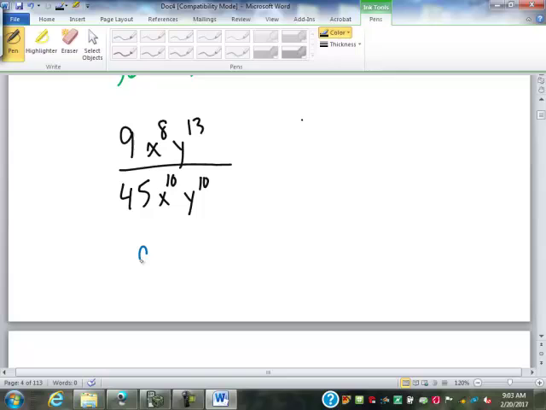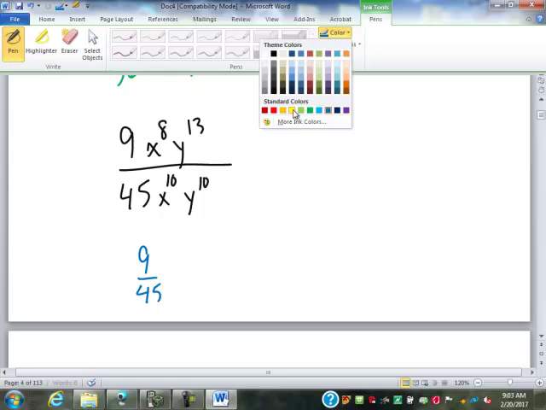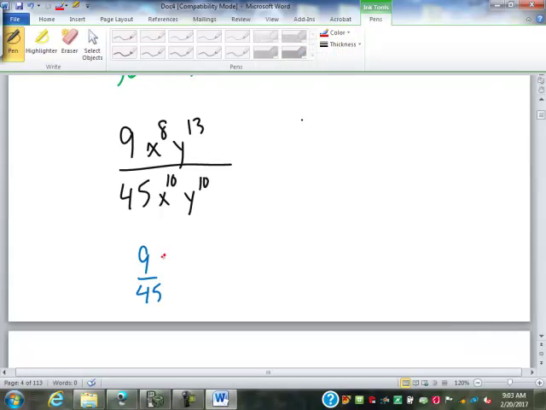So we're going to reduce the 9 over 45. What can both of those be divided by? 9. Very good. 9 divided by 9 is 1. 45 divided by 9 is 5. So for the number portion, we've got 1 over 5.